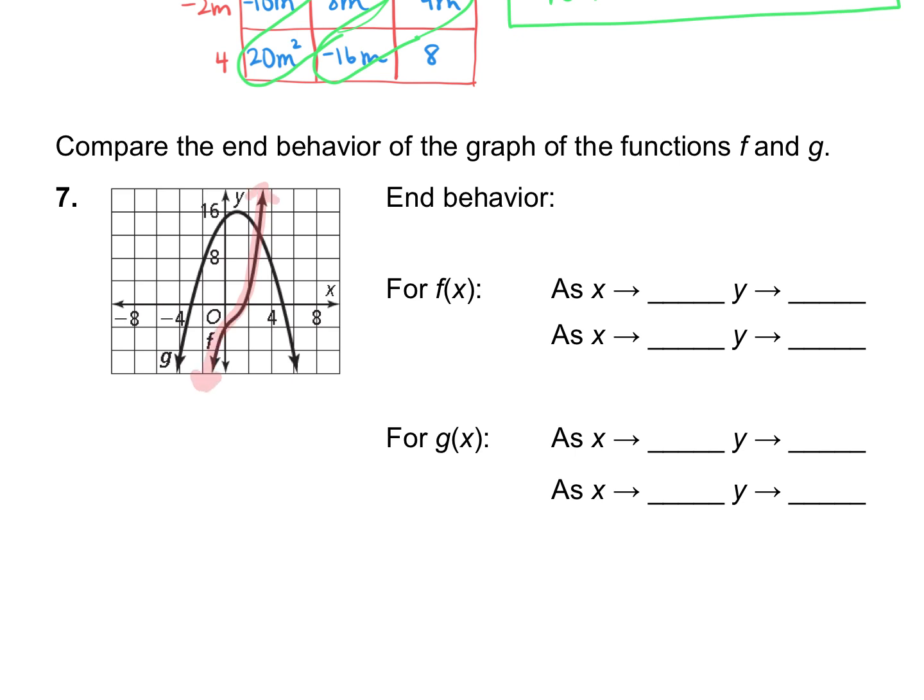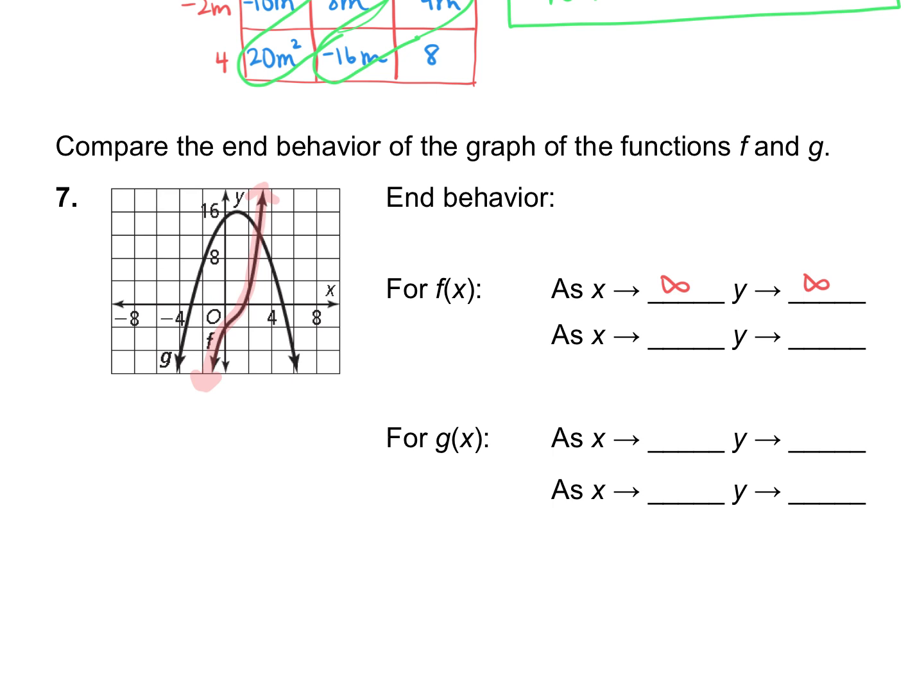That's this function right there. So I like us to talk about the right side of our graph first. So as x approaches infinity, so this is the right side of the graph over here, you can see that your function is going up, so that means your function is approaching infinity.